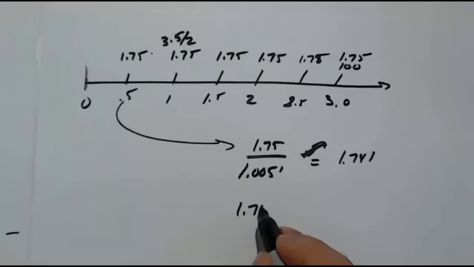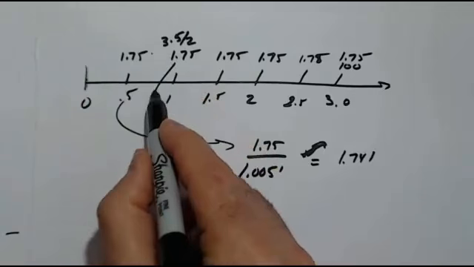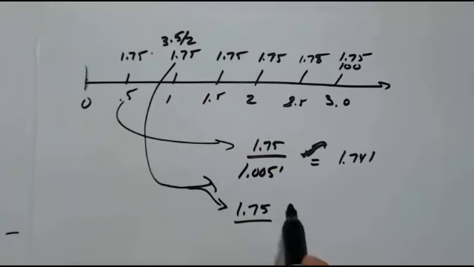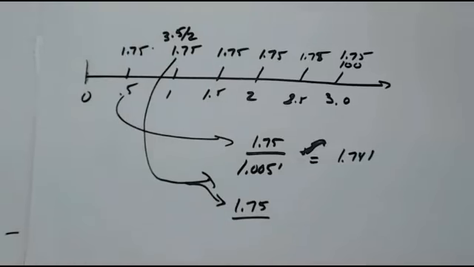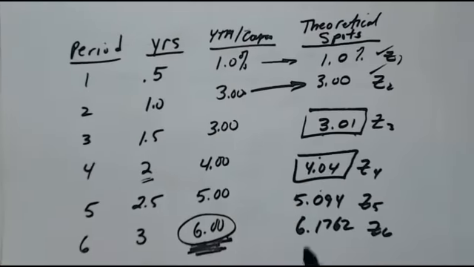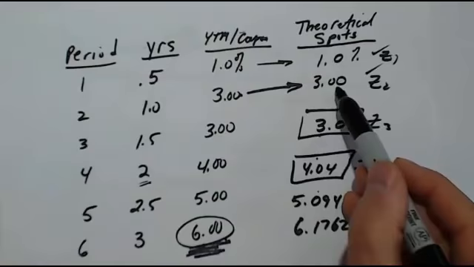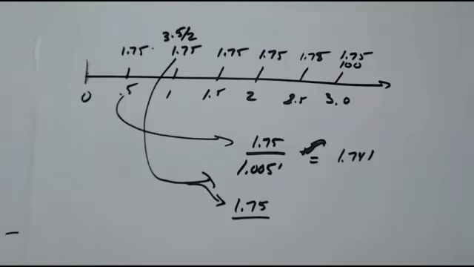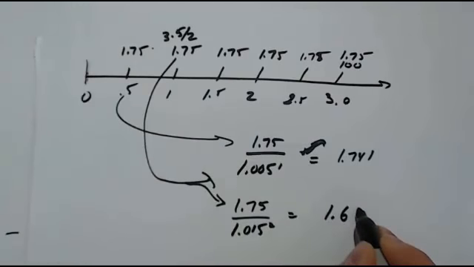Then the next cash flow, this one right here, is $1.75, and I'm going to discount it at this 3% spot rate, chopped in half, for 2 periods. And that's worth approximately $1.70.